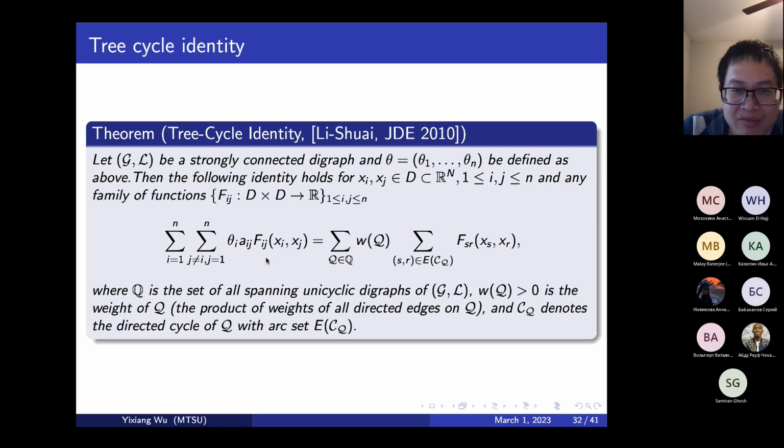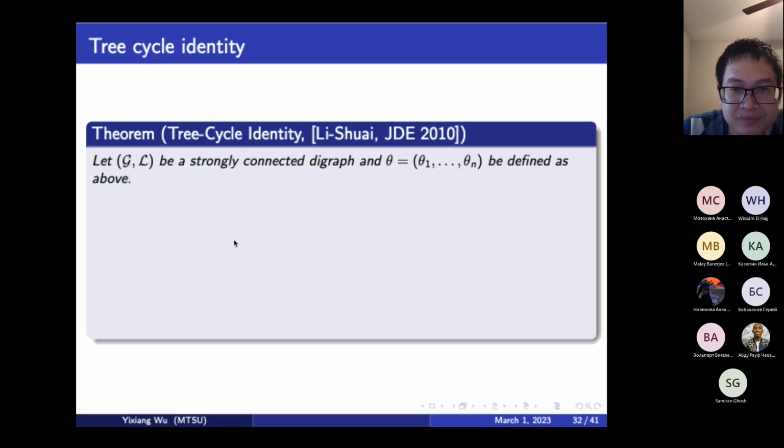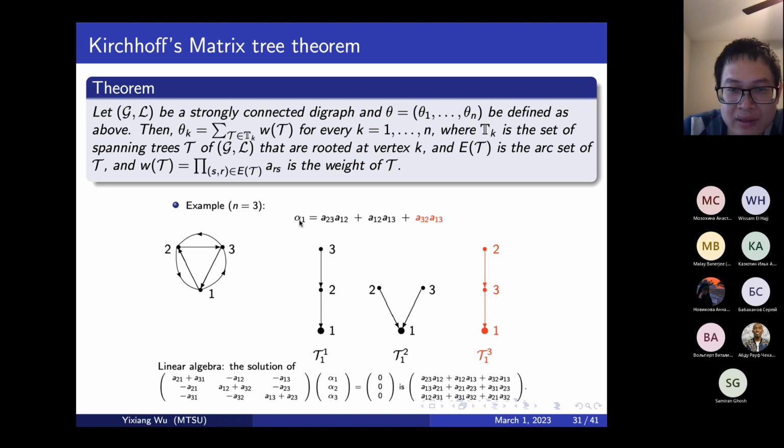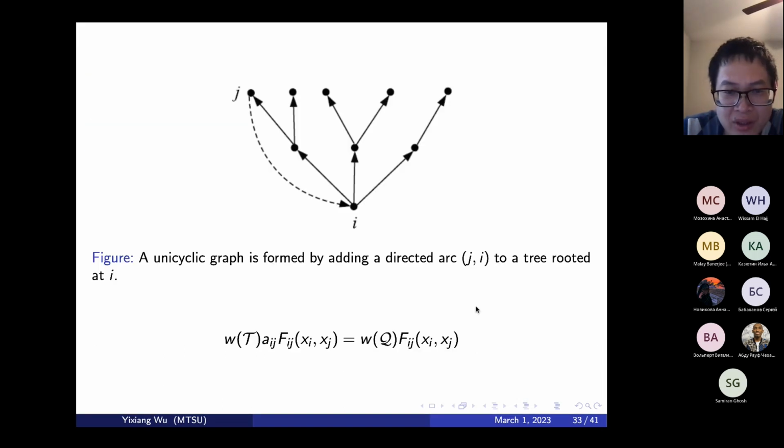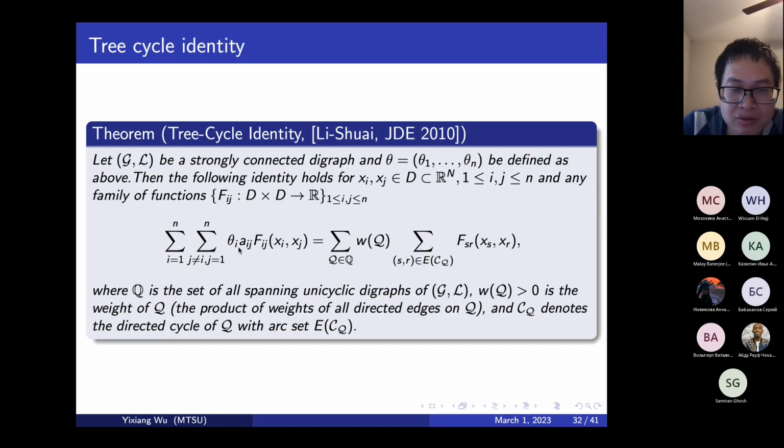So why do you have this kind of identity? Remember, theta i is the sum of the weights of some trees, just like here, where alpha is the sum of the weights of these 3 trees.